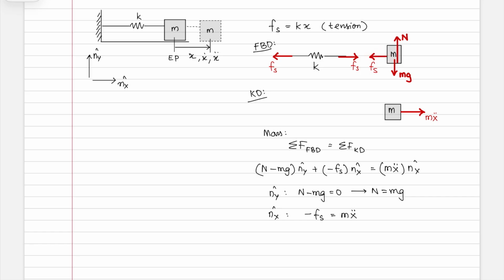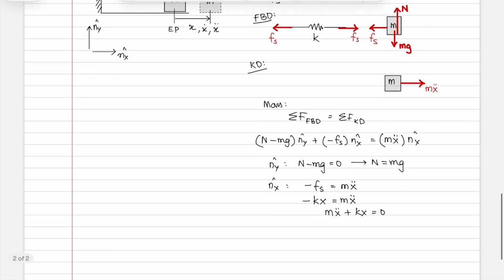You just substitute what Fs is, which gives minus kx is equal to mx double dot. If you rewrite this, you get mx double dot plus kx is equal to 0. This here is the equation of motion for your system.